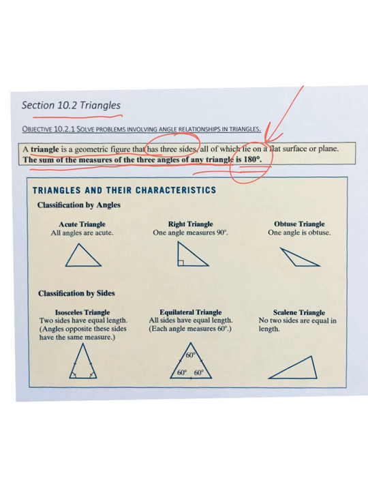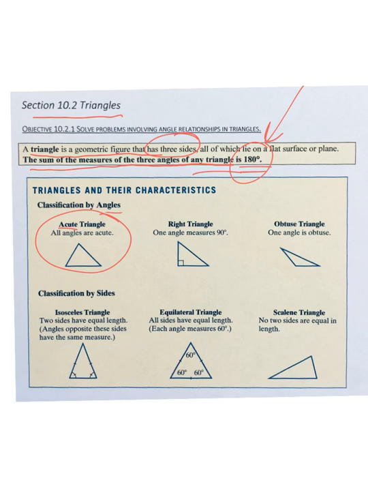180 degrees. We can classify triangles by their angles, and we can also classify triangles by their sides. Starting with their angles, if all of the angles inside a triangle are acute, it's also called an acute triangle.